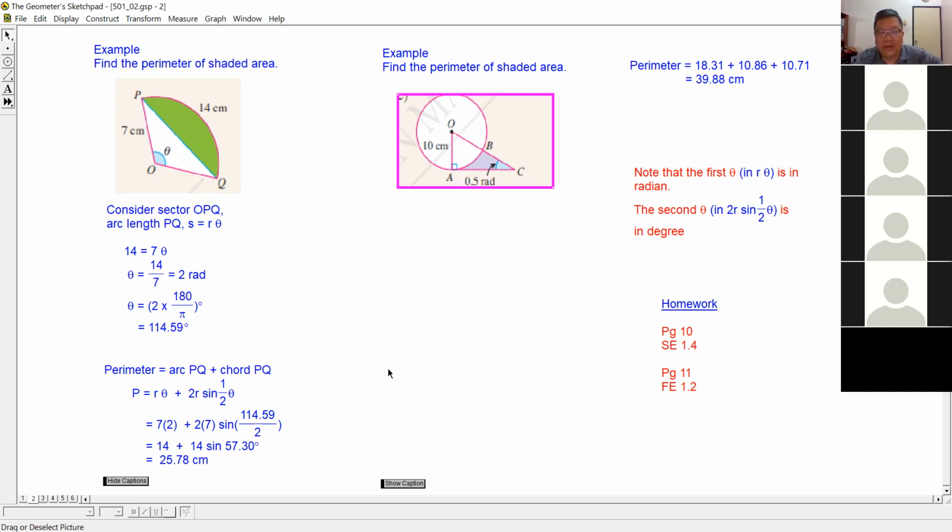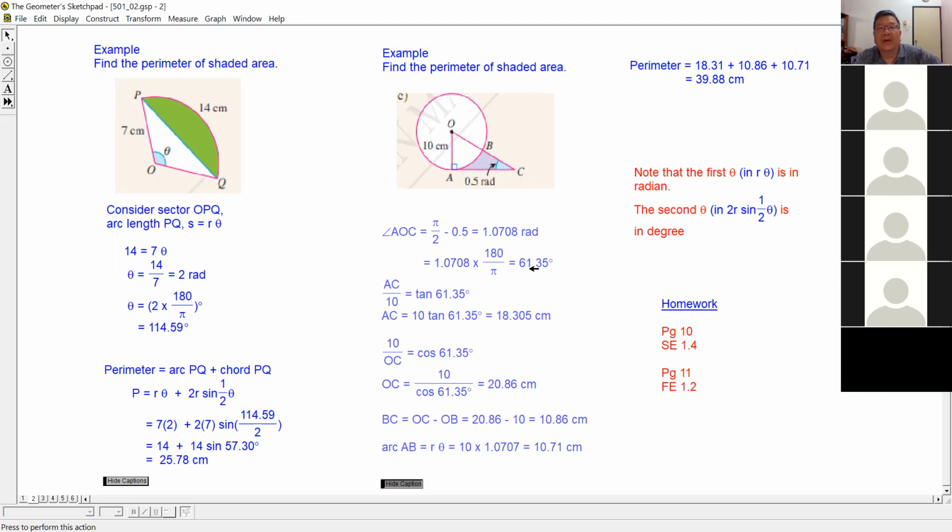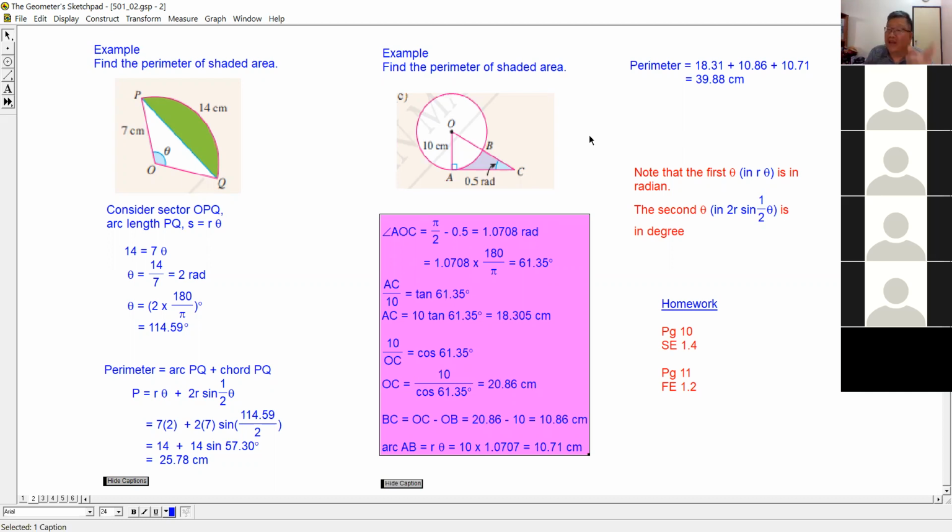Now, I don't use 90 minus 0.5 because 90 is degree, 0.5 is radian, not compatible. So instead of 90 minus the angle, I use pi over 2 minus the angle. Okay or not okay? Yes, okay, teacher.